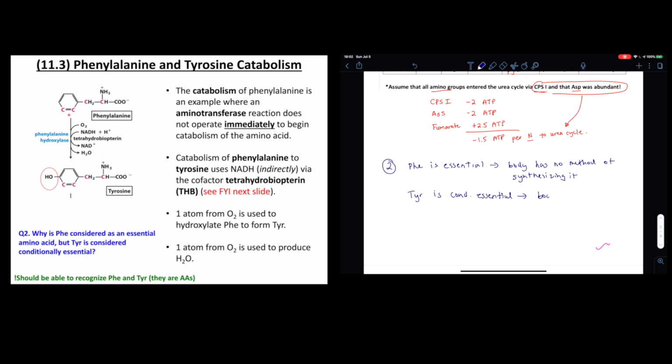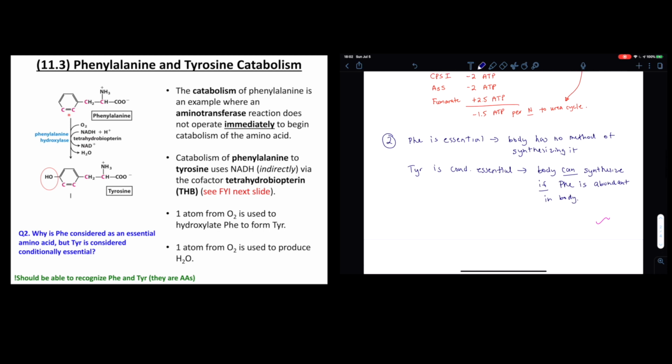And this is that the body can synthesize if and only if phenylalanine is already abundant. So if you ingest phenylalanine, technically you can get tyrosine, but if you don't have any phenylalanine, you don't get any phenylalanine or tyrosine. I hope that makes sense.